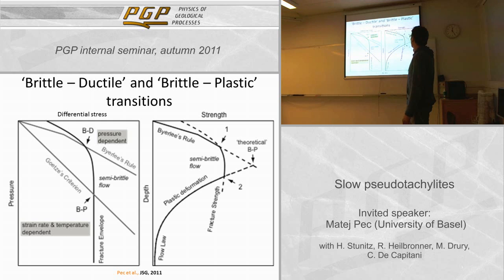And then from point 1, which would correspond to the brittle-ductile transition, the strength of the rocks is controlled by the fracture strength, until point 2, which roughly corresponds to the brittle-plastic transition, where the rocks start deforming according to some flow law.